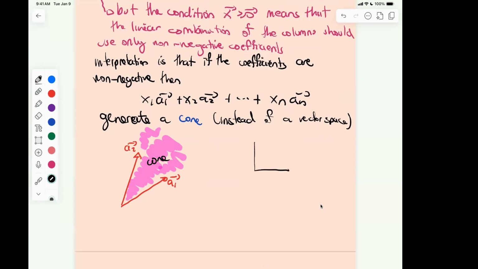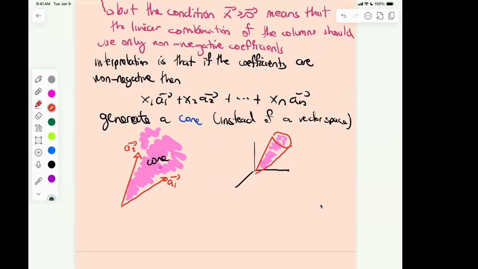Let me see if I can do it in a way that doesn't look too messy. I'll cheat and draw the cone first, which is sometimes easier.